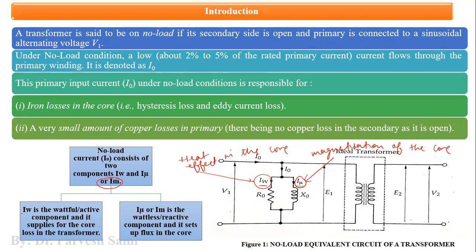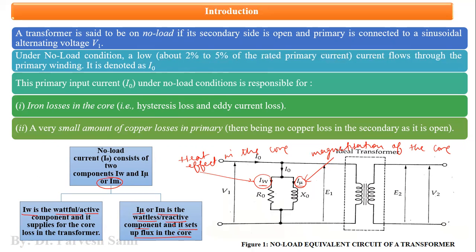Now, these two components are the wattful component or active component, and the magnetization component, which is also known as the wattless component or the reactive component. As it is written here, it sets up the flux in the core, so it is responsible for the magnetization of the core. And because of the magnetization of the core, the eddy currents are produced in the ferromagnetic material.